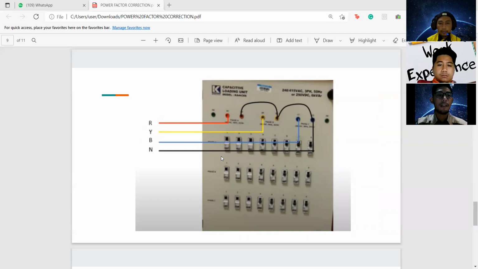Red and then yellow and then blue, and finally for the neutral. And then for the connection, we add our capacitive load when we want to do the power factor correction, and then we can get the perfect power factor correction. That's all from me.